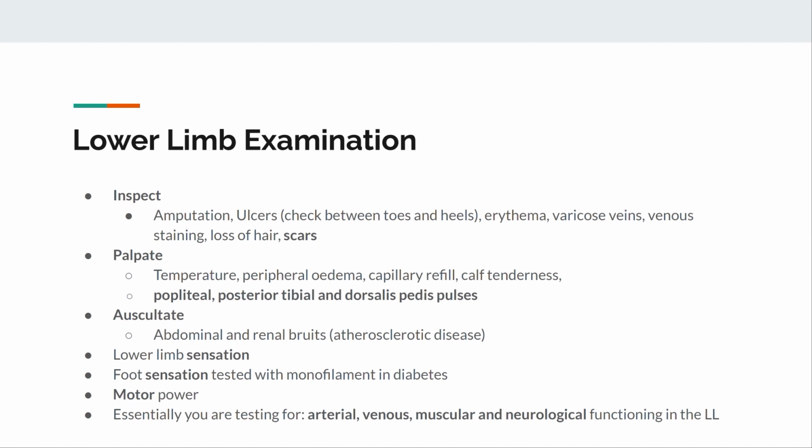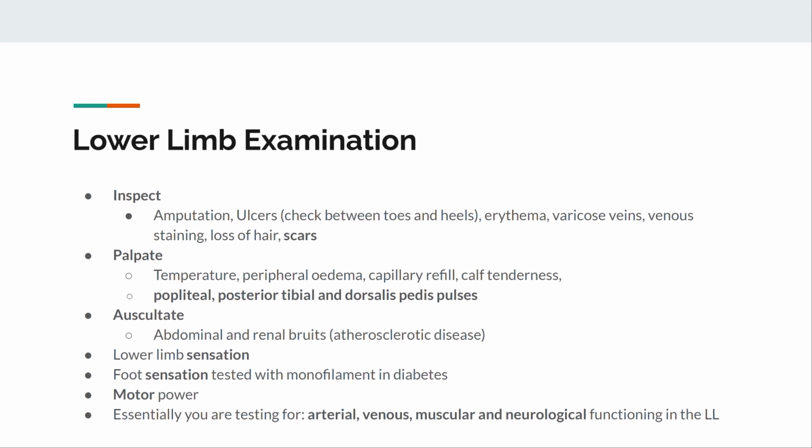Just look at the leg and comment on anything that could be an issue in terms of skin, blood flow, or injury. Then palpate. Check for temperature. Temperature tells you how the blood flow is going. Check for peripheral edema. That tells you how the venous drainage is going. Check for capillary refill. It tells you how the little arterial capillaries are going. Check for calf tenderness, and then check the pulses: popliteal, posterior tibial, and dorsalis pedis.